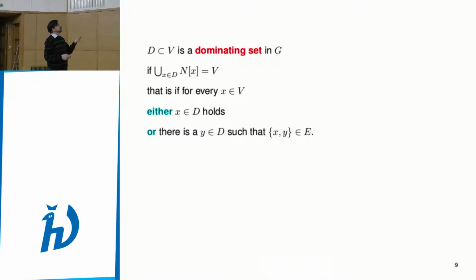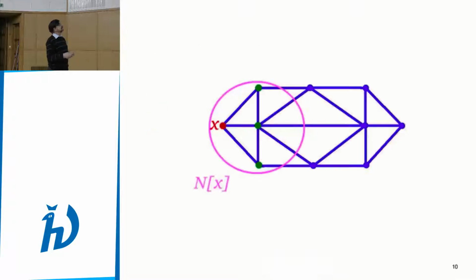So it means that for every x, either x is in D or there is an edge from this x to the other one. I am afraid I am explaining this easy concept too much.